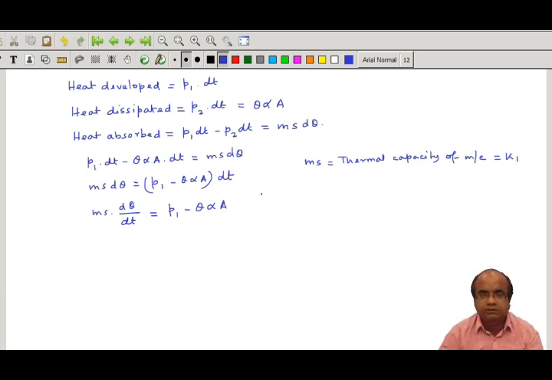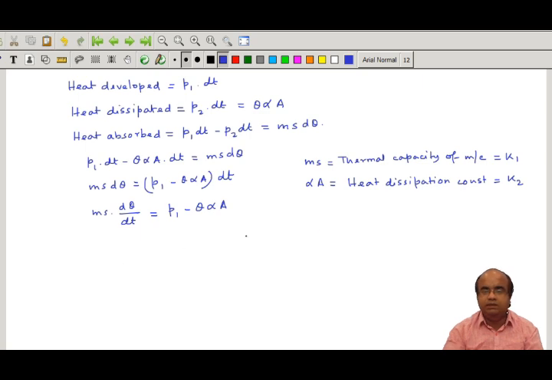And alpha into A is the heat dissipation constant. That can be written as K2.